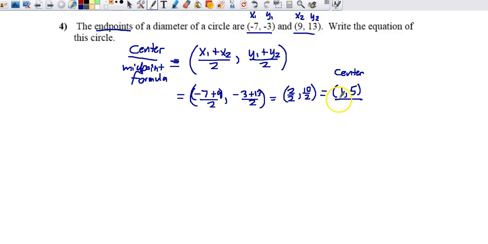Your radius is the distance between the center and one of the 2 points. It doesn't matter which one, so I'm just going to use this one and this one. That's going to give me my radius. So the distance formula, I'm not going to rewrite it again, but it's x2 minus x1 squared. So 9 minus 1 squared plus y2 minus y1 squared, 13 minus 5 squared.